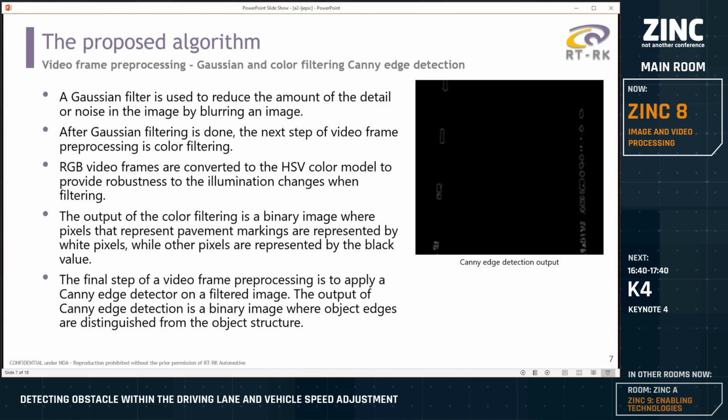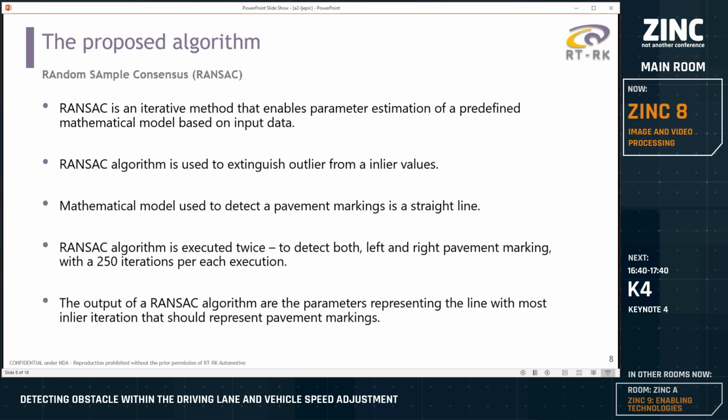Also, we used a Gaussian filter to reduce the amount of detail by blurring the image. Then we transform the RGB video frame into the HSV color model to provide robustness to illumination changes when filtering. Then we used color filtering, and then we applied Canny edge detection. You can see here that the output is a binary image where pavement marking edges are seen as white pixels.